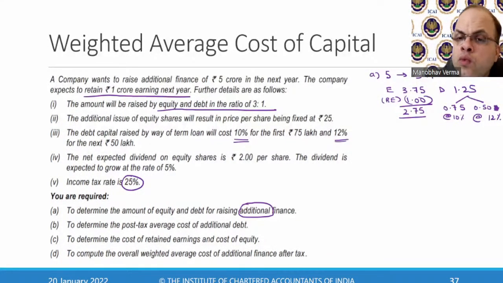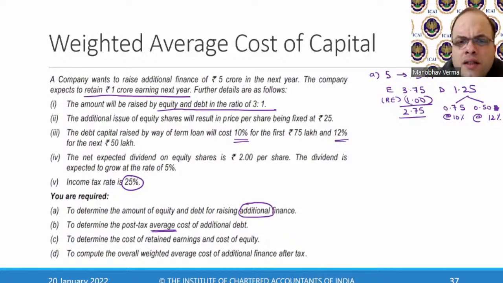Okay. What about question number B, guys? Question number B: to determine the post-tax average cost of additional debt. Now, please read the question carefully. Post-tax average cost. Why are we asking average here? Because we're talking about two types of debts, isn't it?